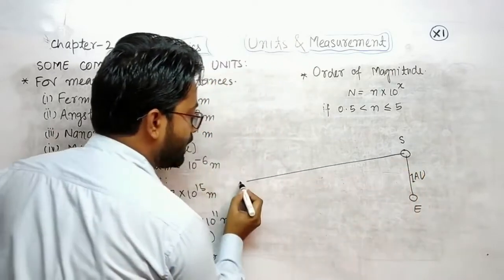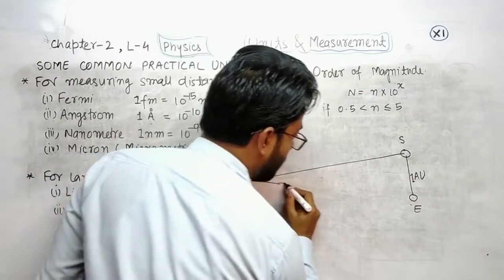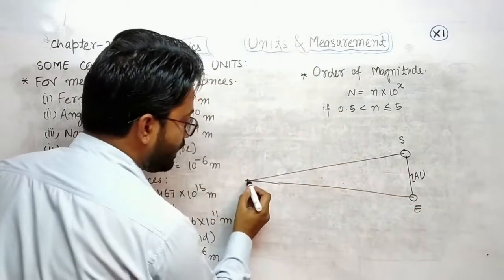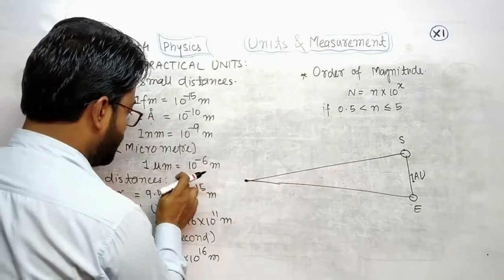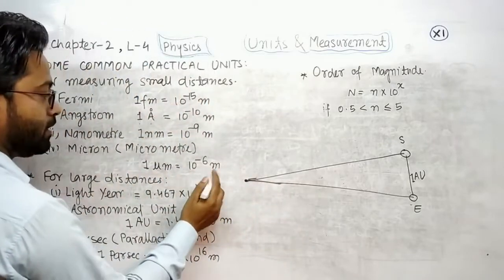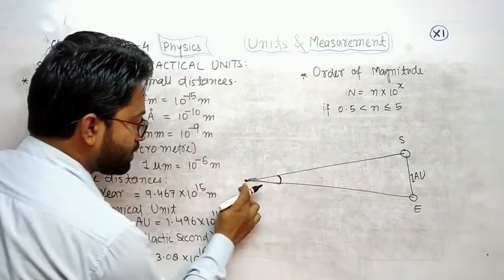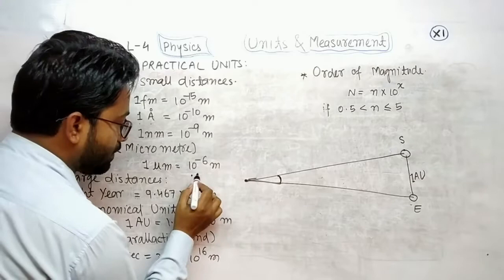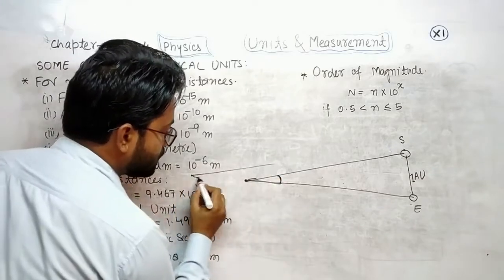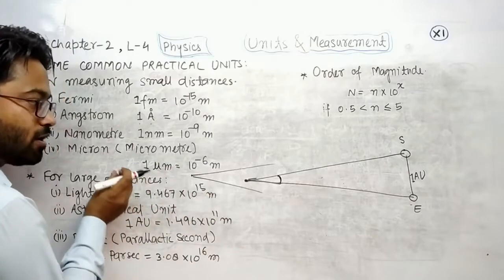If you subtend an angle, if the particular point is here, the angle subtended is less. If the point is here, the angle will be smaller.